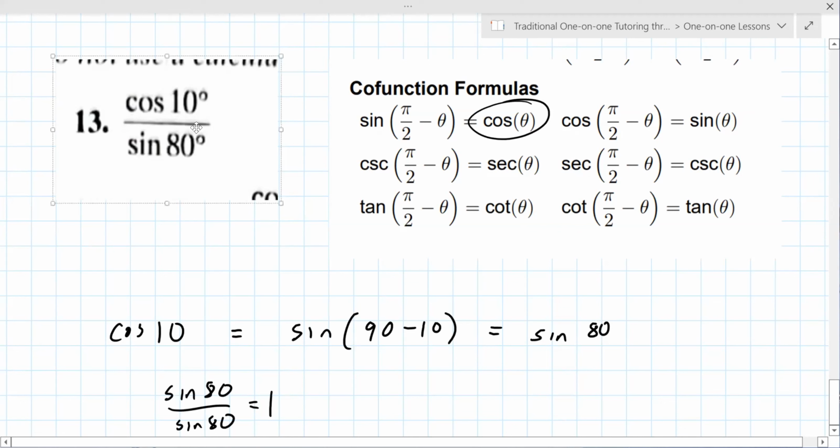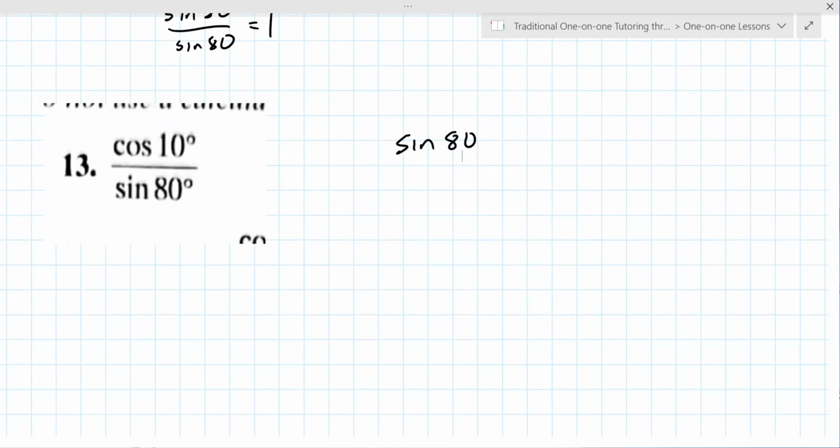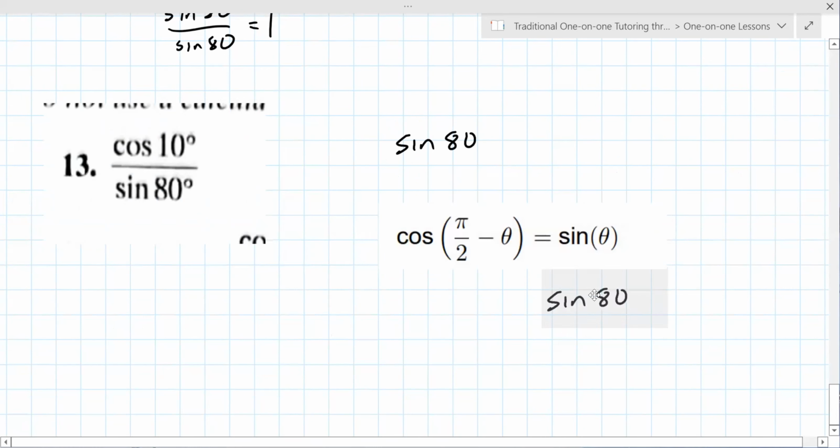Now, let's say you didn't like that. You're like, all right, that's magic, or that's garbage. You could look at sine 80. In your cofunction for sine, your theta is 80.